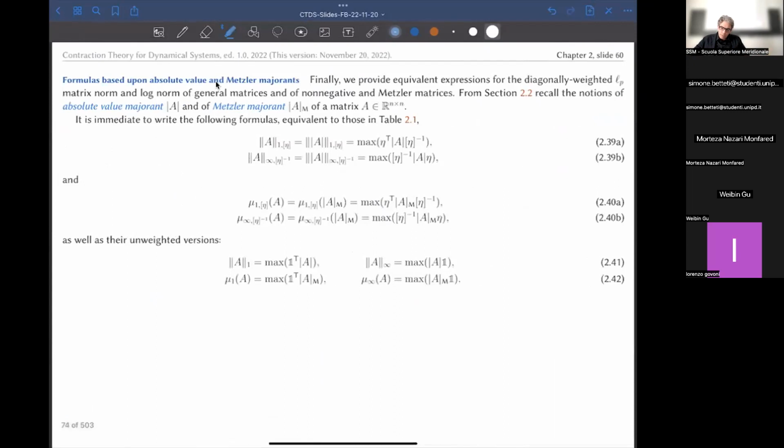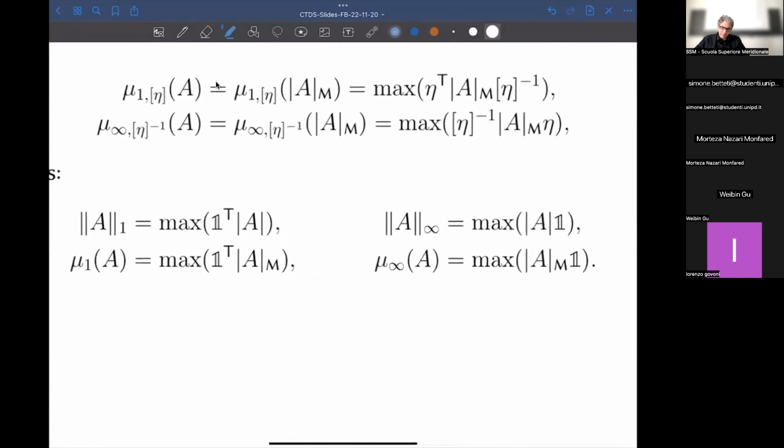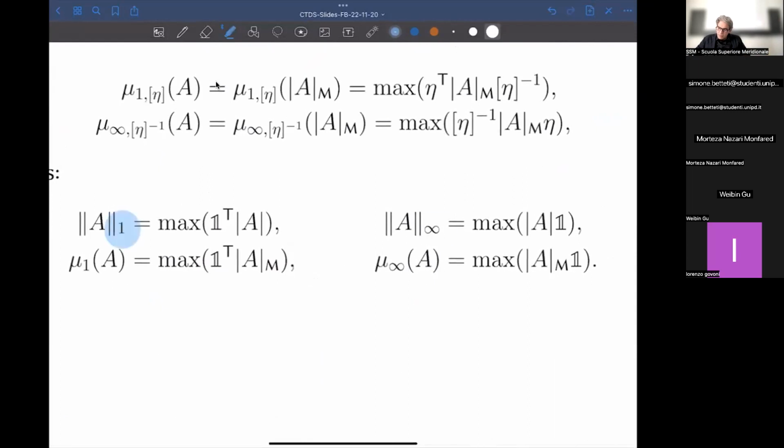And then one more time, there is this observation that if you are playing with 1 and infinity norms, then computing induced norms or induced log norms for A is the same as doing the same thing for the absolute value and Metzler matrices respectively.